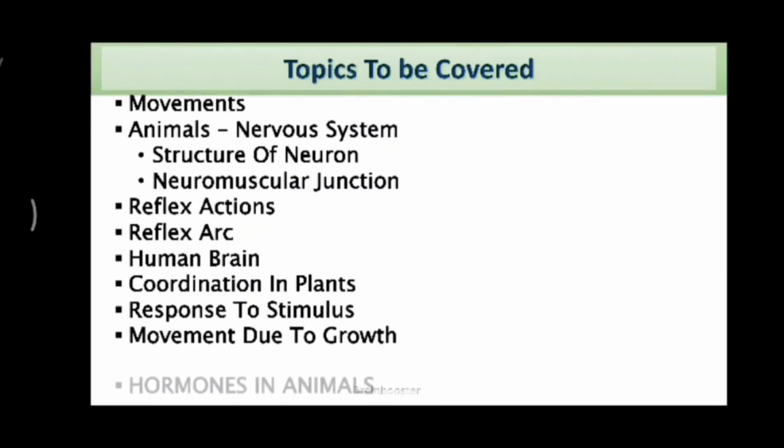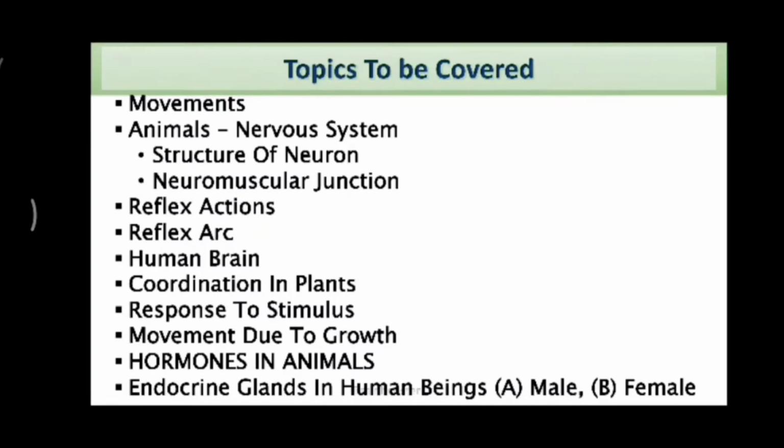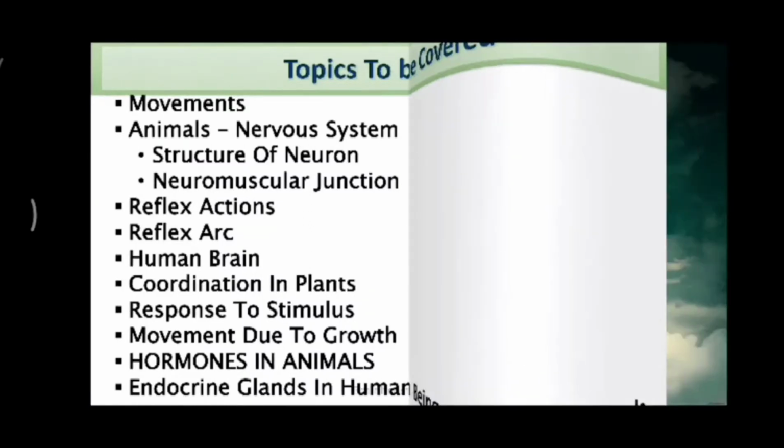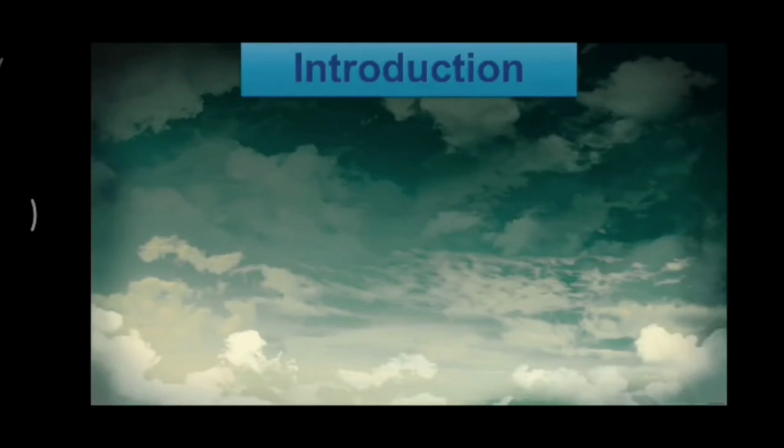We will be learning about hormones in animals, which includes endocrine glands in human beings. Male and female have different organs, or we can say endocrine glands. Now let us start with movement.